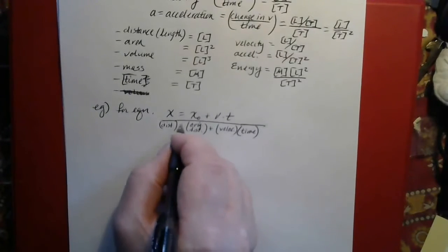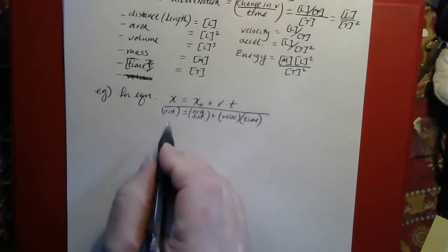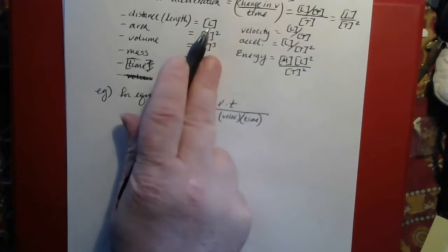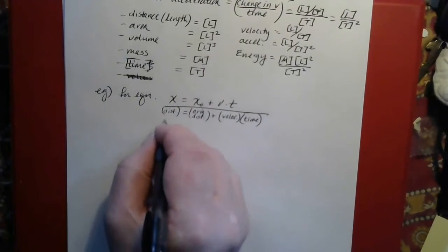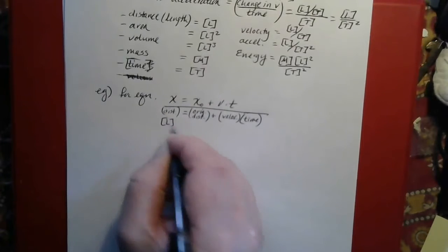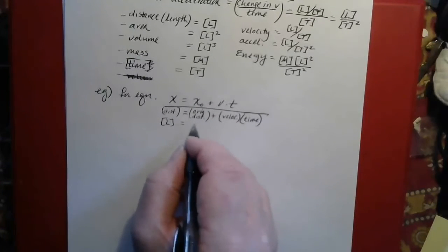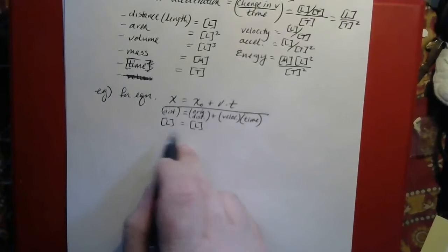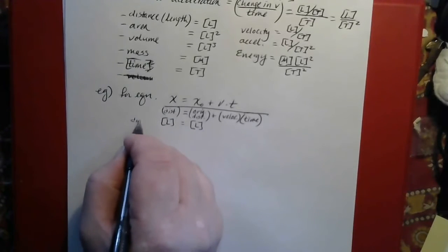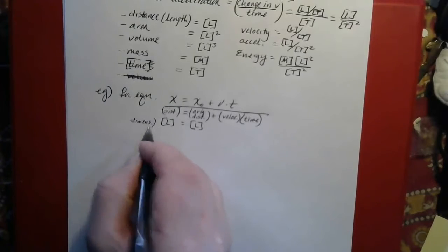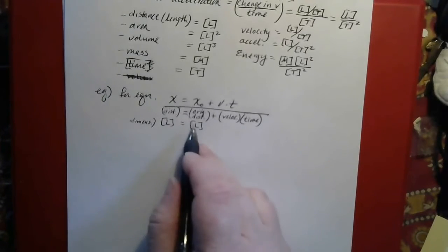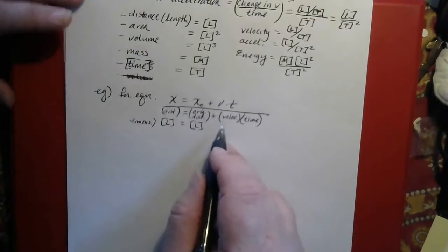And in terms of dimensions, the dimensions of distance would be represented by capital L in square brackets. And the original distance would also be represented by capital L in square brackets, because it's a distance also.